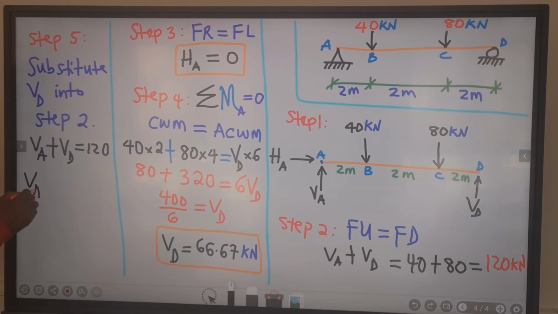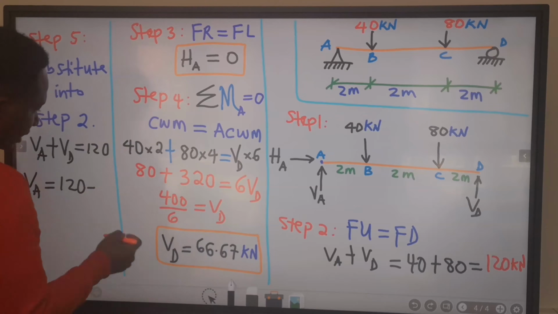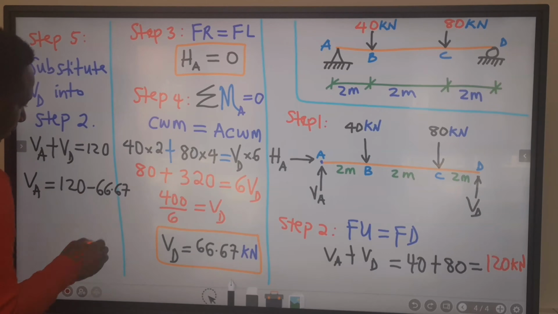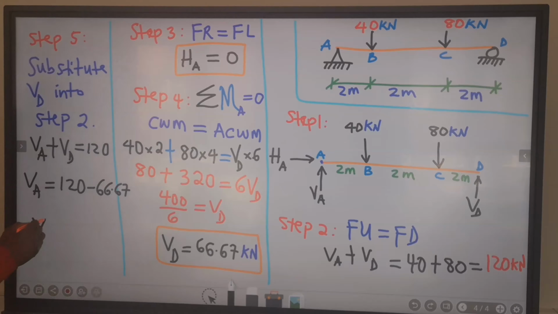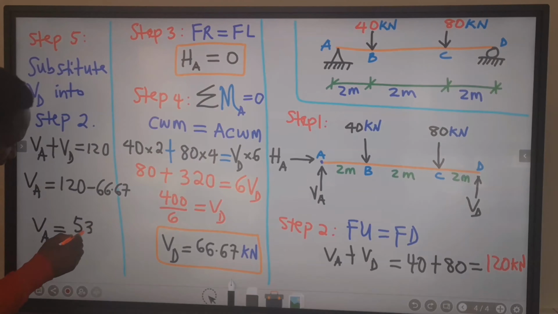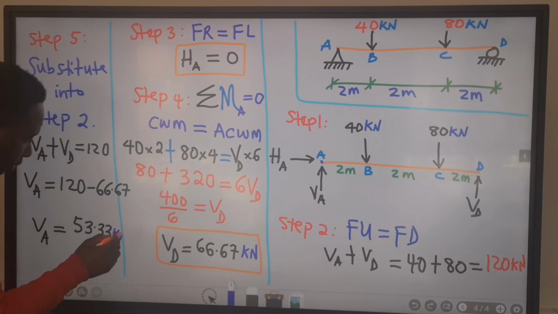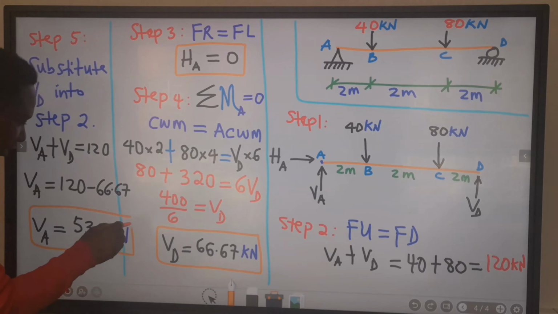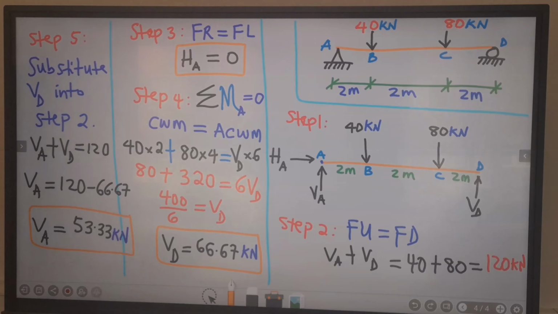V subscript A will give us 120 minus, we have here 66.67. And V subscript A will now give us 53.33 kilonewton. Now we have found the value of our V subscript A.